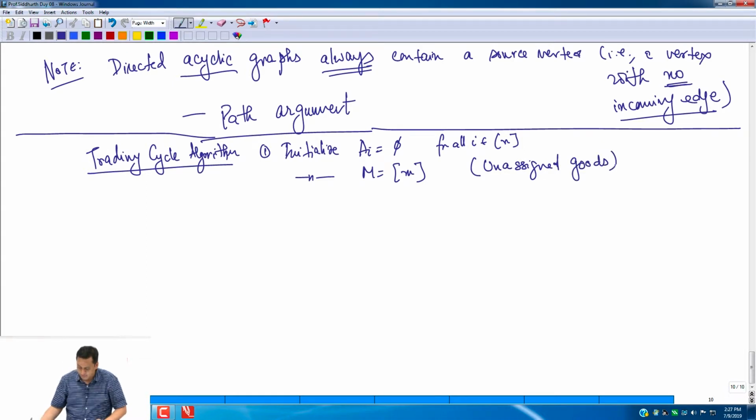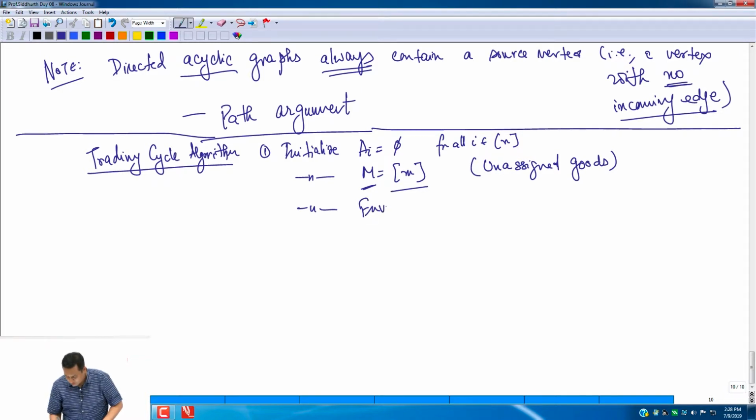It's an iterative process, and as I move along, I'll reduce this set capital M. I'll keep on removing one good after the other. So this is the set of goods that are unassigned at any point of time. Initially, everything is unassigned, so M is the set of all goods.